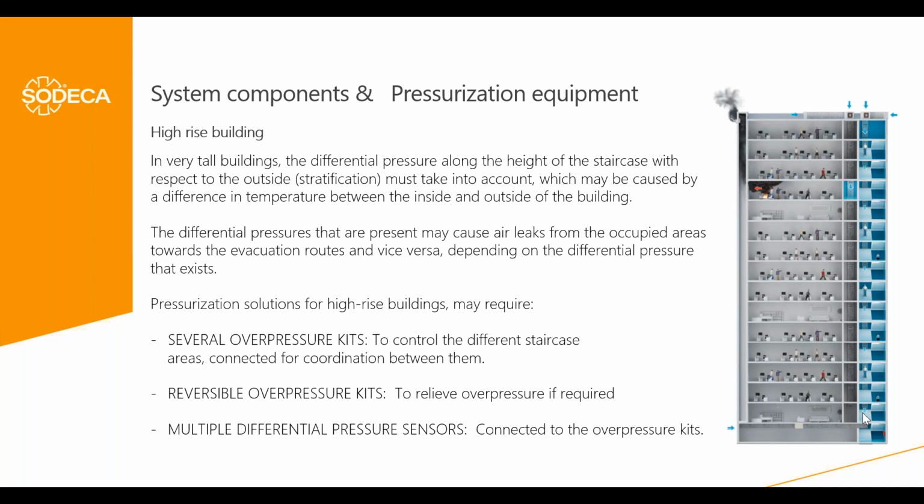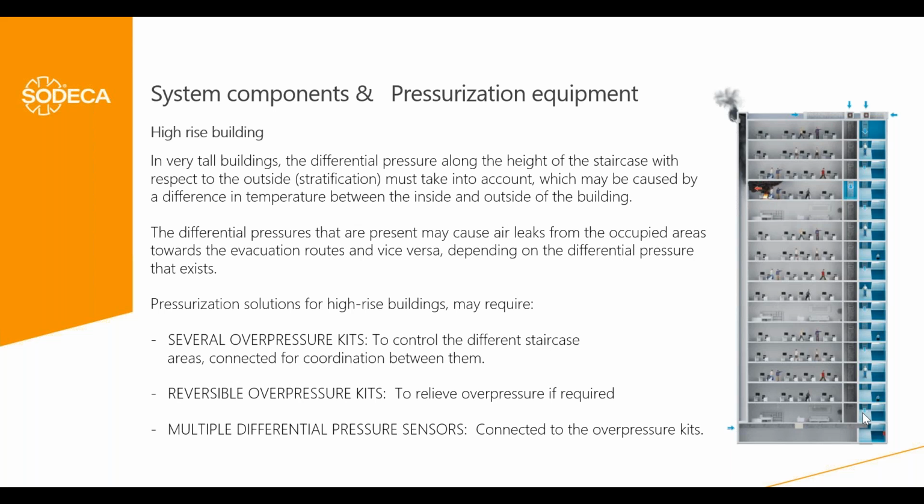In any case, this is something for specific designs that we can take into consideration, and the system could require several overpressure kits to control these different zones of pressurization, higher part and lower part, or 3 or 4 different parts.